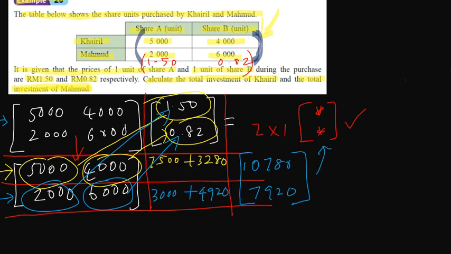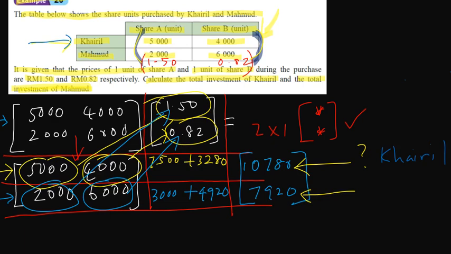So what does this figure mean? Whose total investment is this one? Okay, you look at the matrix here. This one is for Khairil, right? So this is of course Khairil.